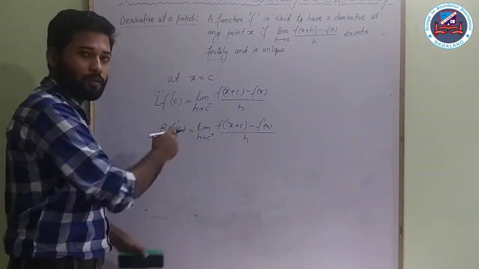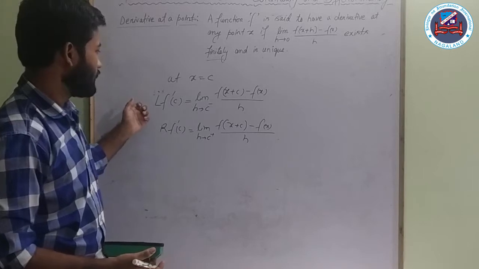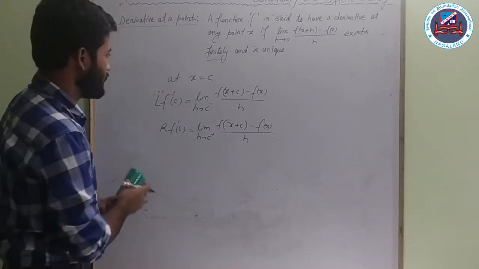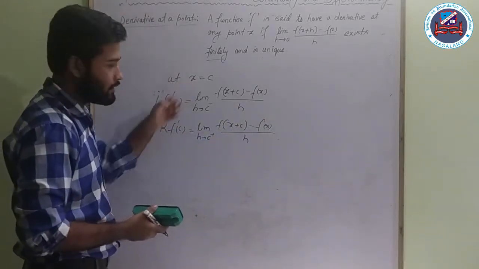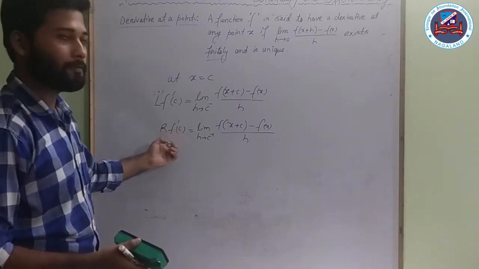If these two limits are the same, then we can say that the derivative at this point exists. This is called the left hand derivative of the function f at the point c, and this is called the right hand derivative of the function f at the point c.